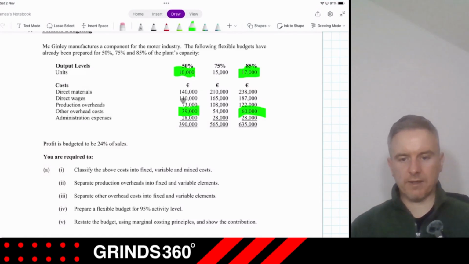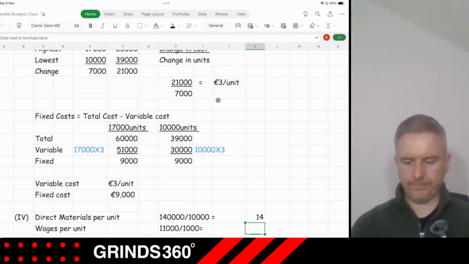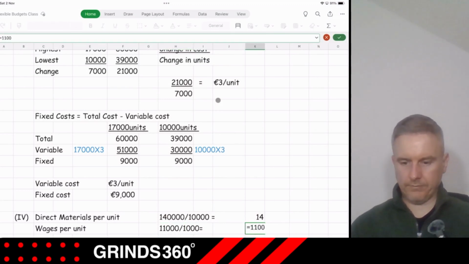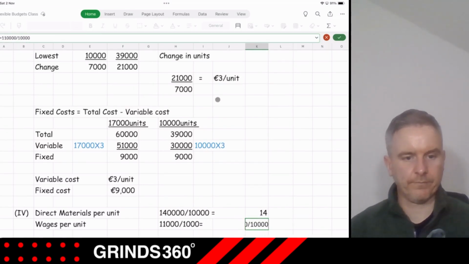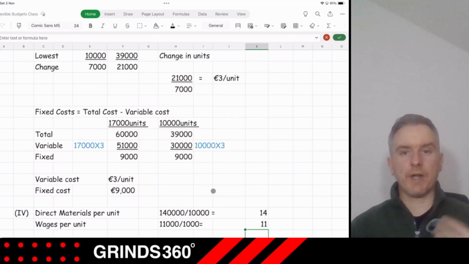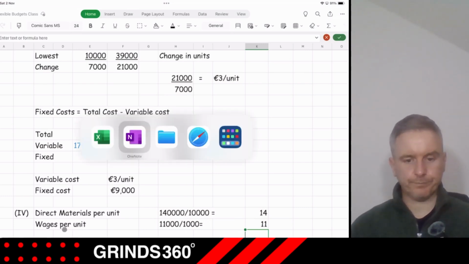That's 110,000 and you're going to divide it by 10, €10,000 I should say. So €11 per unit. So now you have your variable cost per unit for direct materials and your direct wages. And there's only a variable element to it, so you have that part done.